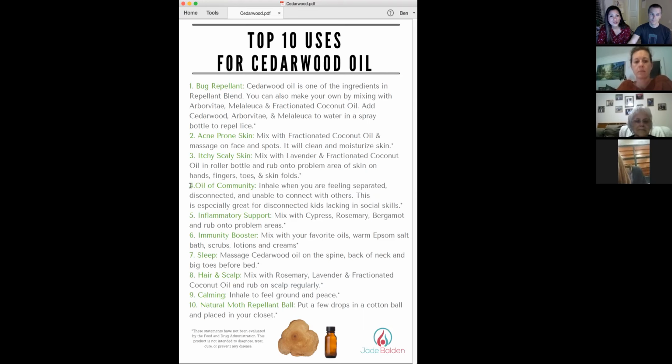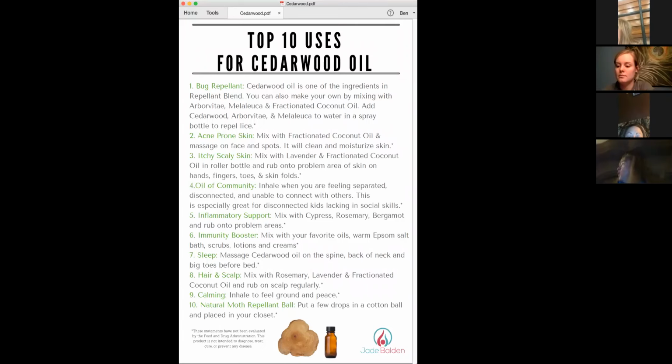So kids that have a difficult time with social skills. We have all sorts of labels, but they're just disconnected. With the left and the right brain, the information from one side is not passing through and going on to the other side.